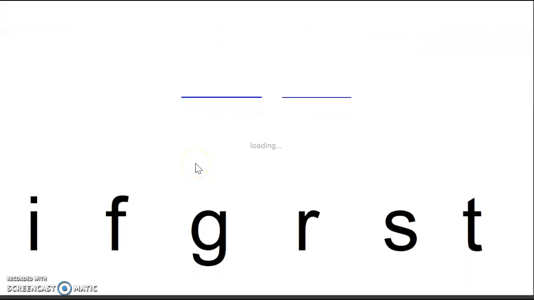Very good. Our next word has 2 letters as well. The word is if. The first sound I hear in the word if is I. What letter makes the I sound? Great job. If you chose the letter I, you are correct. The second sound I hear in the word if is the F sound.